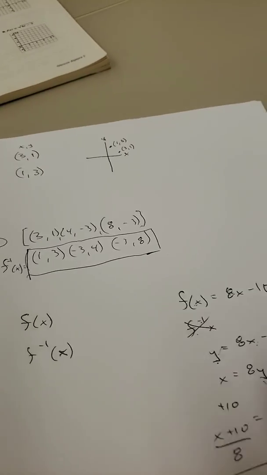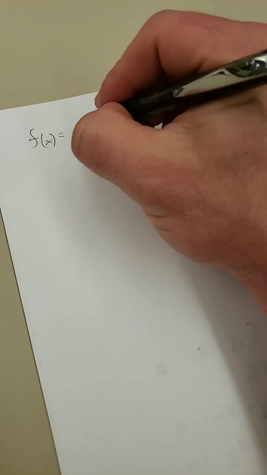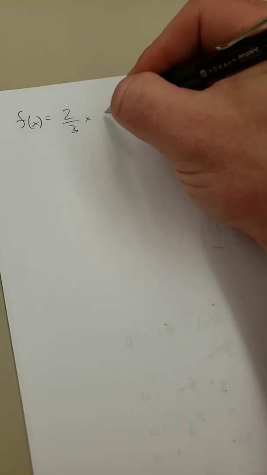I might just throw out some random numbers that you might see. Our function here is going to be f(x) = 2/3 x - 5.